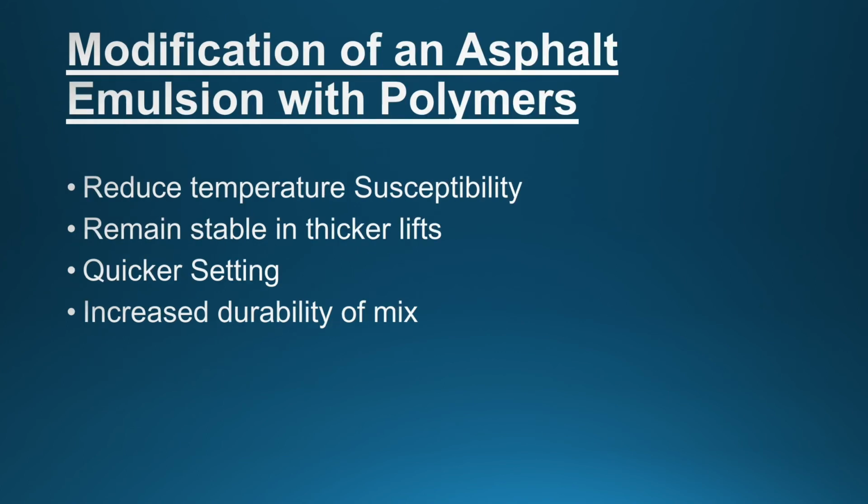The microsurfacing, again, the main difference that we talked about was the fact that it was modified with polymers or latex in the emulsion. So the question is, what benefits do you gain from modifying a liquid emulsion with a polymer? You're going to reduce the temperature susceptibility, number one.